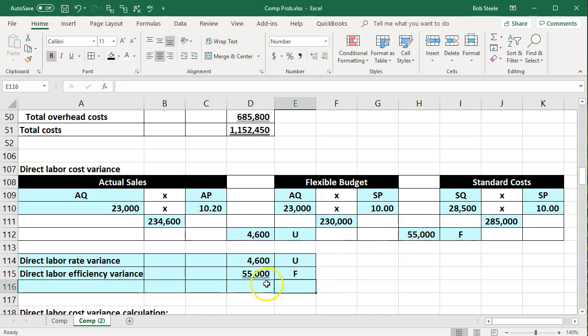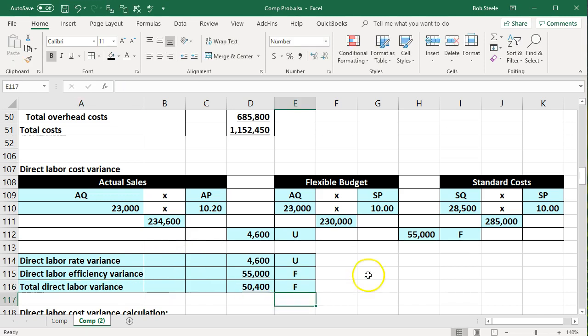So that's a favorable difference. So we have to subtract these two out because one's favorable, one's unfavorable. I'm going to take the higher number minus the lower number, and there's our total difference, and we're going to call that the total direct labor variance, and it is going to be favorable.